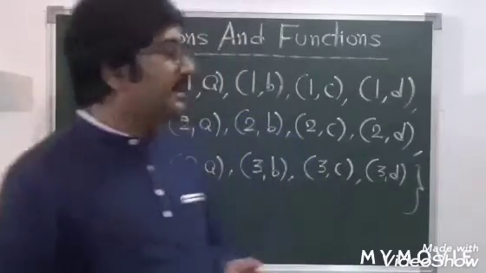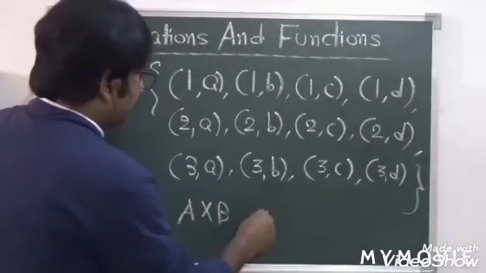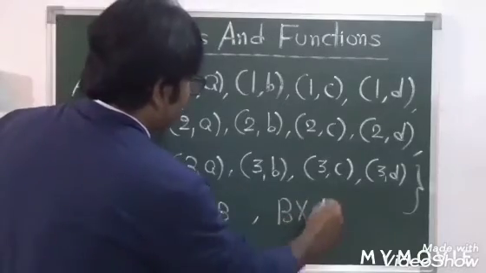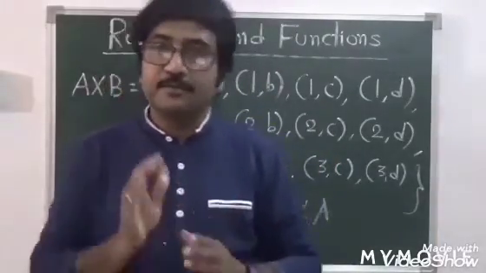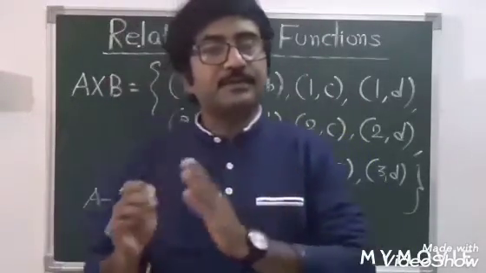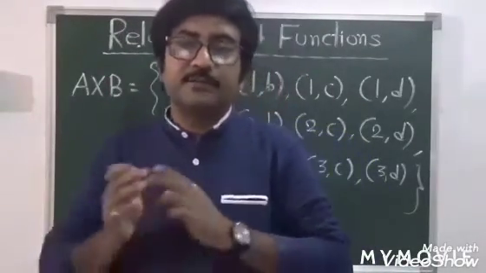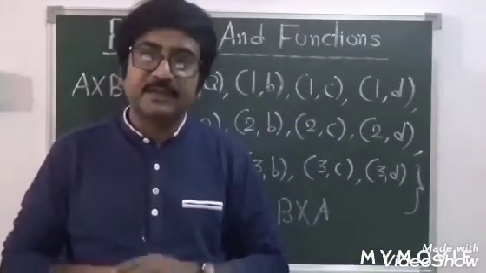So of course, A cross B and B cross A mean two different things. That is, 1 comma a and a comma 1 are two different elements. So you cannot say that A cross B and B cross A are the same.